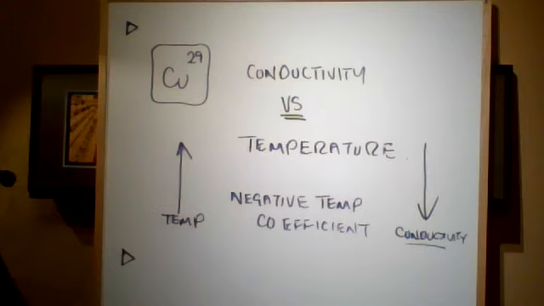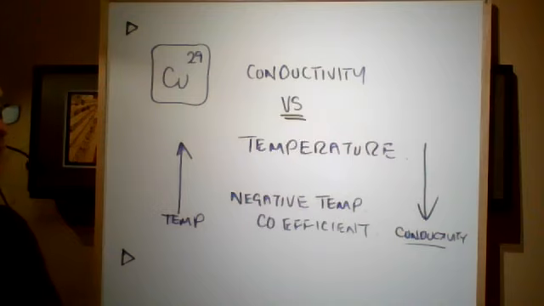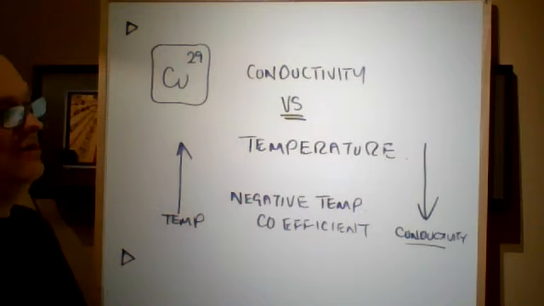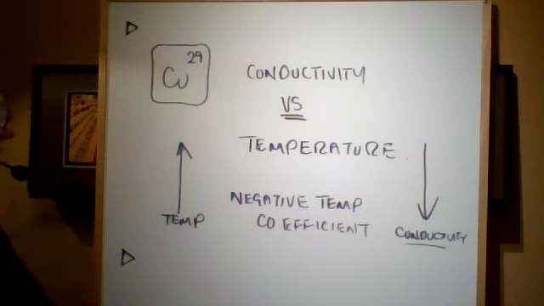And as that temperature rises, it would actually tend to cause a slight decrease in conductivity, or we could say an increase in resistance. And that, in fact, will tend to self-limit. So in other words, as the conductor gets hotter because of current flow, the current flow will actually decrease because of the negative temperature coefficient.